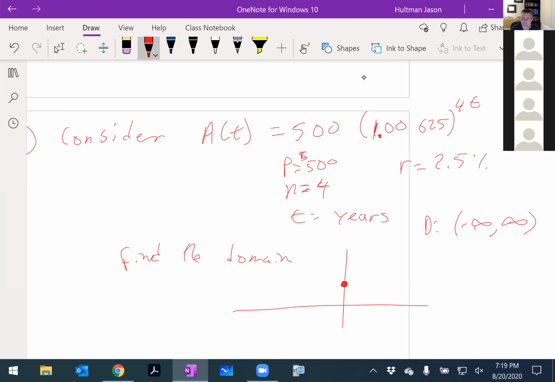Yes, Oscar. At time equals 0, how much money do I have in my account? At 2020, you have exactly $500 in the account. Okay, and so this is an exponential curve. I'm going to try to rewrite that a little bit better.